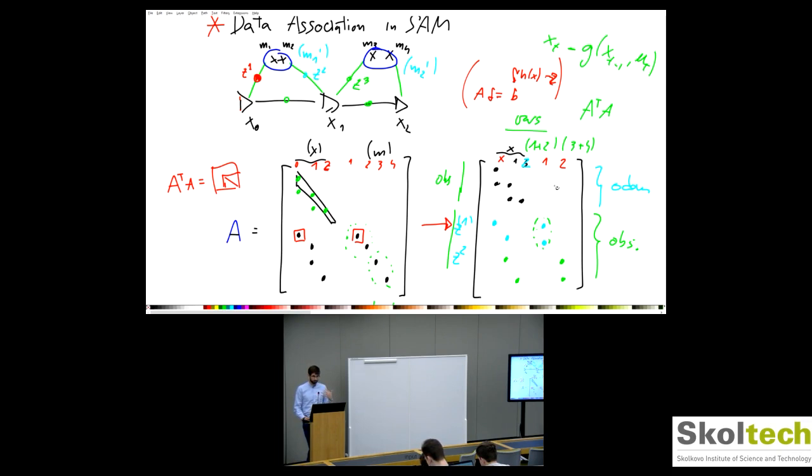The same happened for the information matrix, right? Here, this is the important thing about SAM. That's why I think it works so well. You always preserve sparsity by never adding information to your solution. You just calculate your best estimate. But the graph structure is always the same. You cannot start adding information because you have solved the problem, and of course there's going to be cross terms here, right?